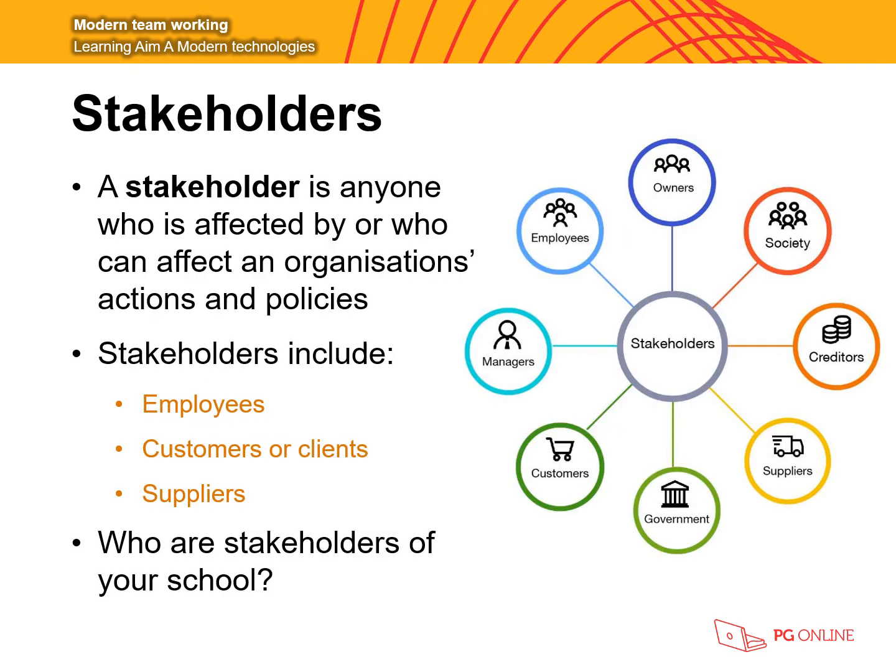In this final video part of the topic, we're going to take a look at stakeholders. Now, a stakeholder is anyone who is affected by or who can affect an organisation's actions and policies. There are many stakeholders that can exist, ranging from employees, the customers, or your suppliers of the products that you make items from.